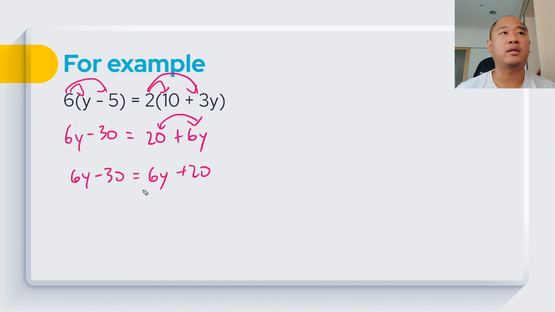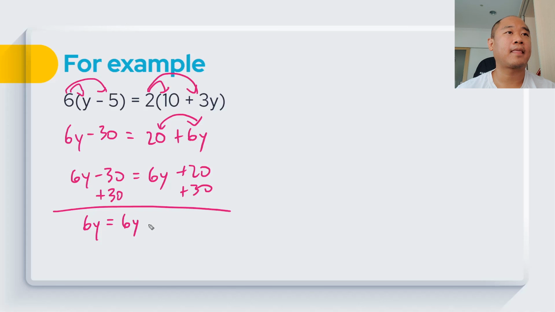Why don't we just add 30 to both sides. And then we get 6y equals 6y plus 30. And you might already be able to see here that there's no answer that's going to give us an answer, right?